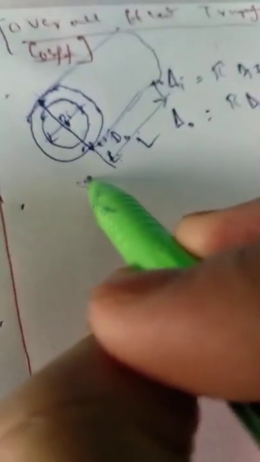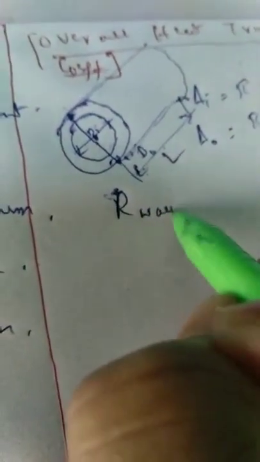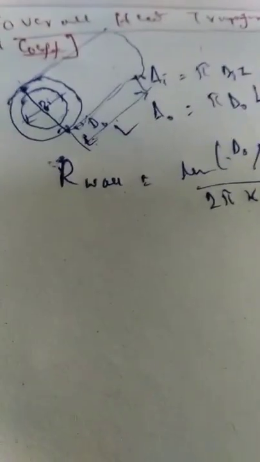So the thermal resistance of the tube wall is ln(DO/Di) by 2 pi kL. You know these notations: K is the thermal conductivity and L is the length of the cylinder.